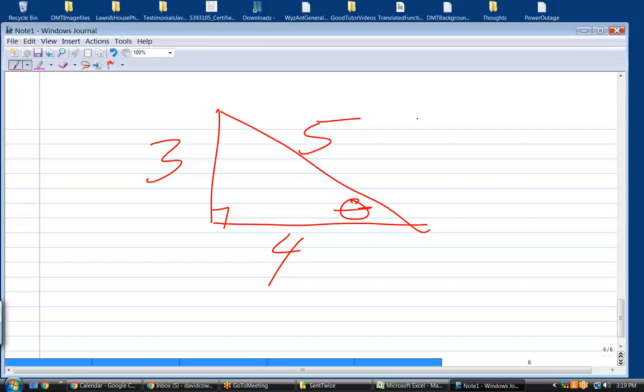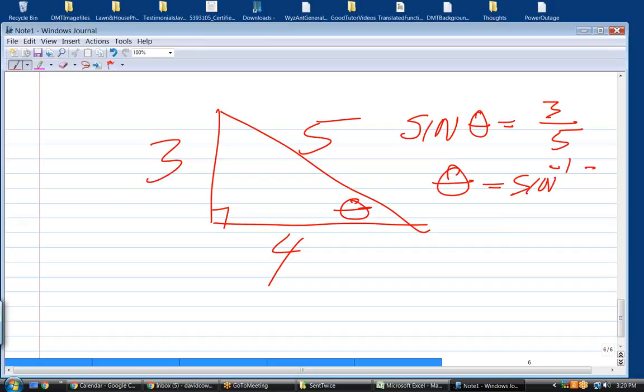In other words, if I said to you, the sine of that angle is 3/5, correct? Therefore, that angle has to be the inverse sine of 3/5. If you go into your calculator, what kind of calculator do you have? Is it an Inspire or a TI-84?